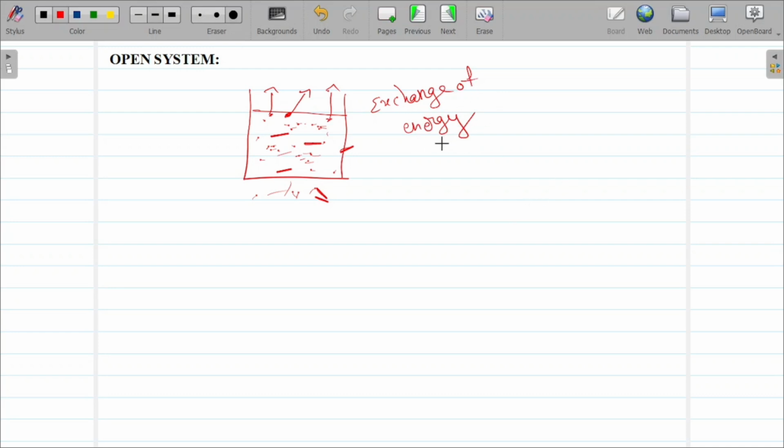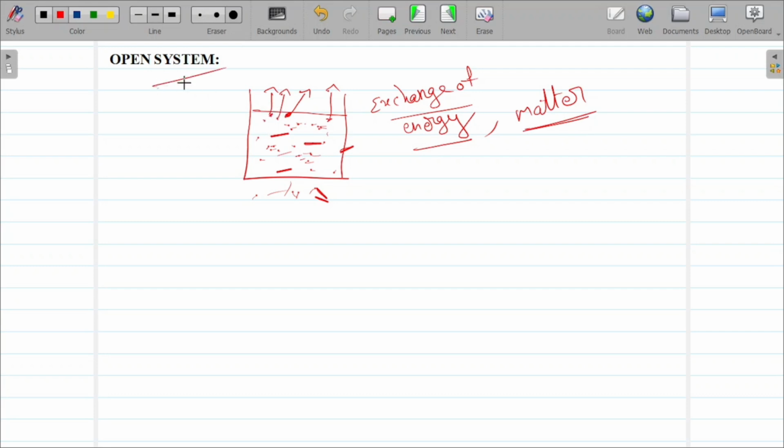Exchange of energy takes place. As well as, if it is boiled too much, then what will happen? Some amount of matter will also go, no? Some gets evaporated. That means matter changes. Exchange of energy and matter, both change.